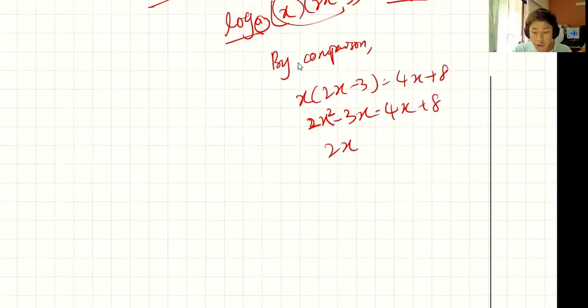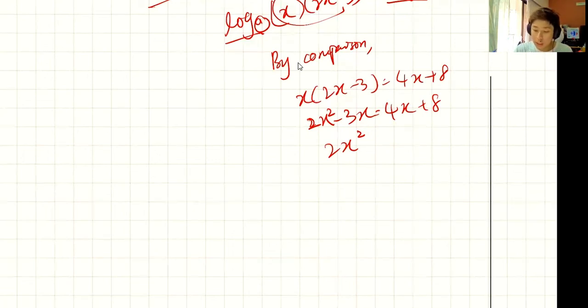Then you arrange in general form, because I know it is a quadratic equation, I must arrange in general form first before I can either factorize it, solve using completing the square, or solve using the quadratic formula if there are no beautiful roots, if it is not factorizable. That is in the quadratic chapter. So 2x squared, then you bring 4x on the right to the left, in other words, I minus 4x from both sides.